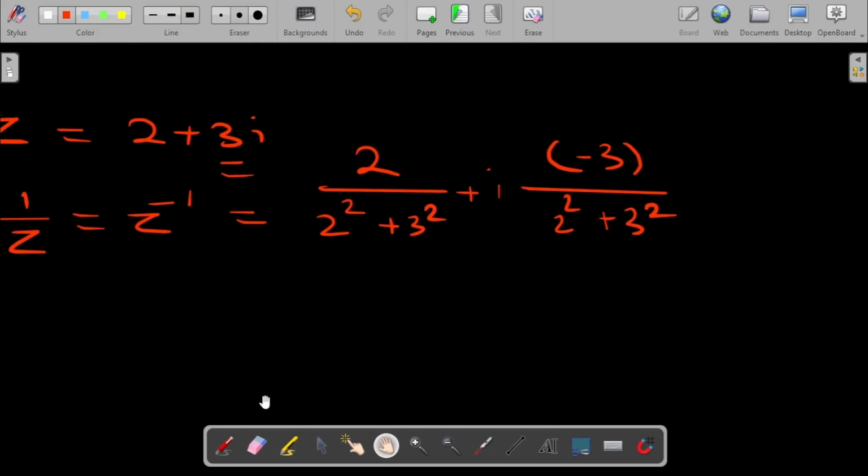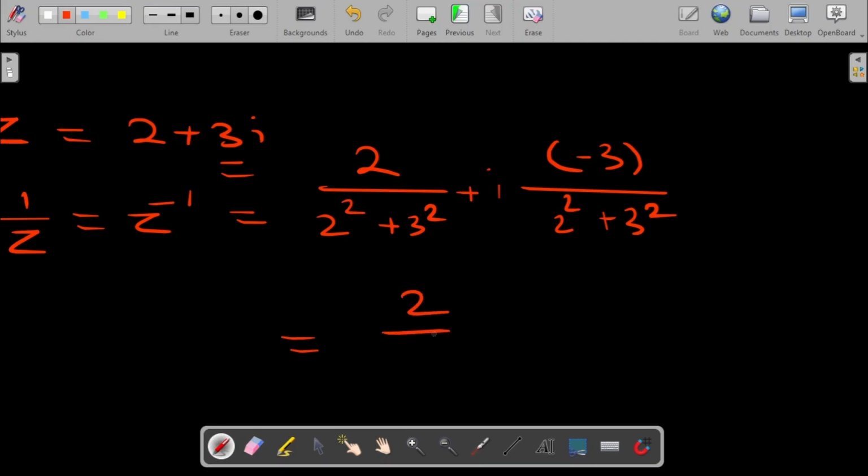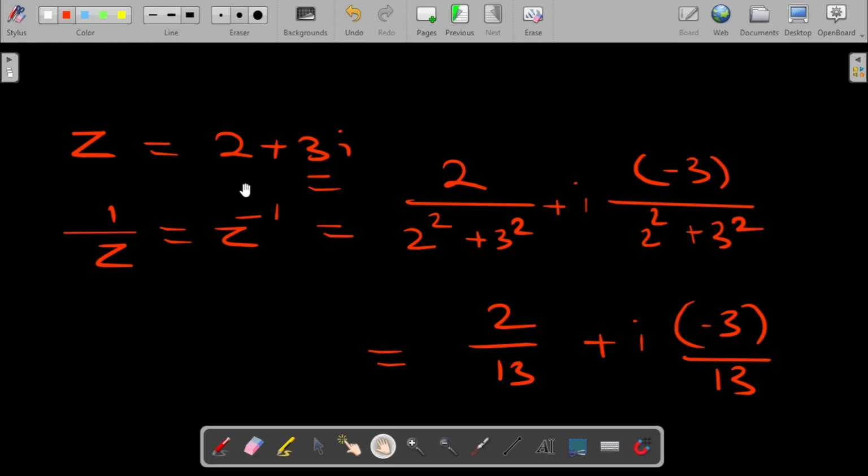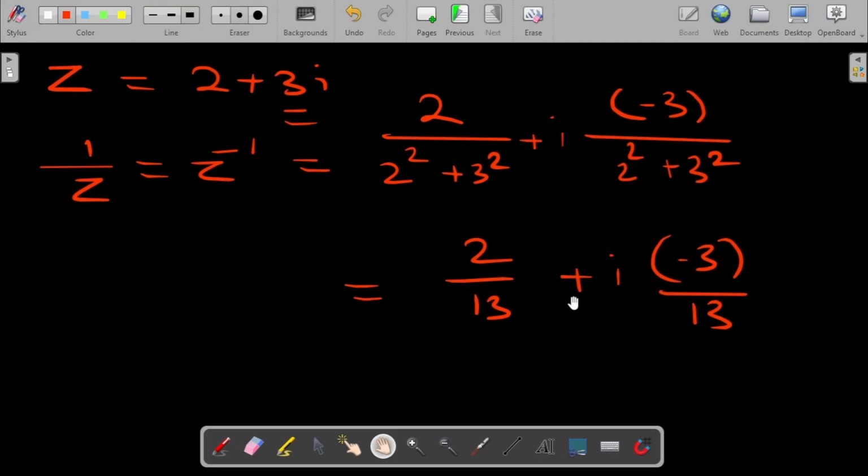This equals 2 divided by 4 plus 9, so 2 divided by 13, and plus i times minus 3 divided by 13. So for the complex number 2 + 3i, the inverse is 2 divided by 13 plus i times minus 3 by 13.